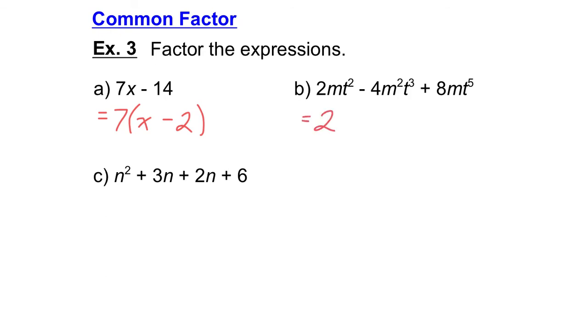So 2 is a factor, but it's not the greatest common factor because I haven't considered any of the variables yet. Each term has at least one m that it's being multiplied by, so m is a common factor as well. Also, look at the t variable. This term has t squared, this has t cubed, this has t to the exponent 5. What's the greatest number of t factors I can take out? Well, 2 of them.